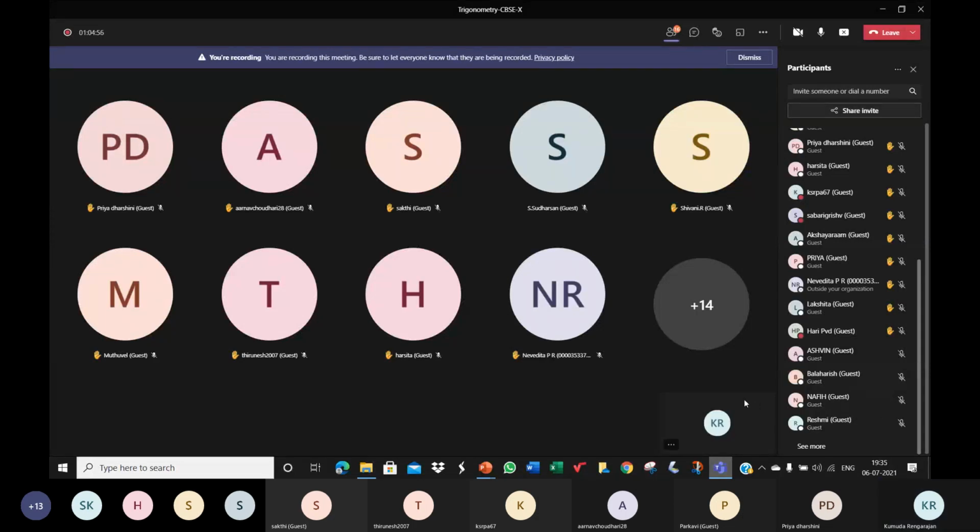Nafi? Bala Harish? Ashwin? Okay, so they're not able to unmute and talk. Ashwin is now. Ashwin?